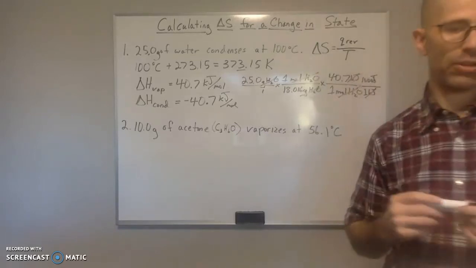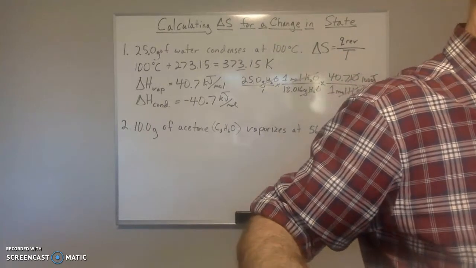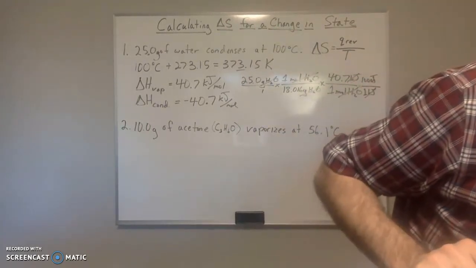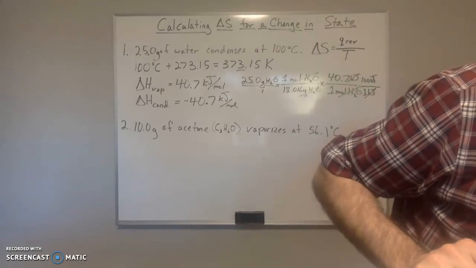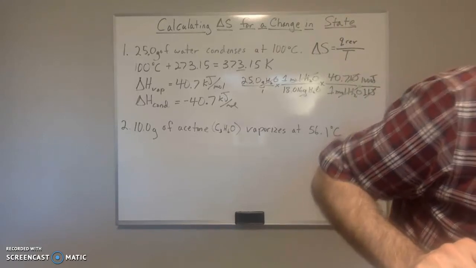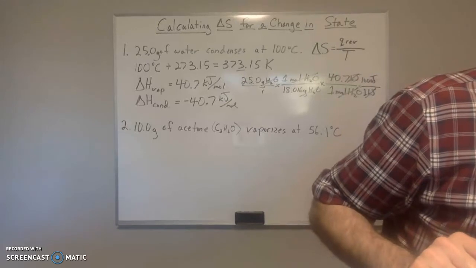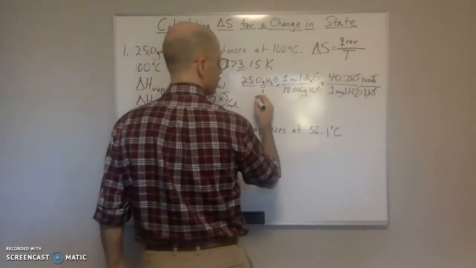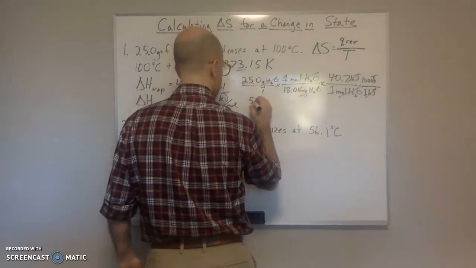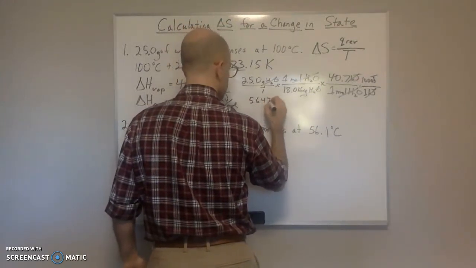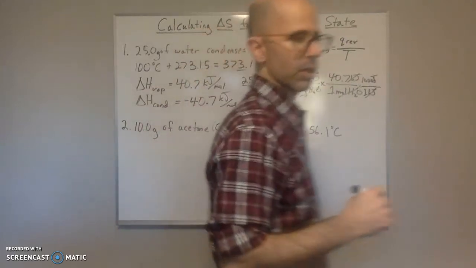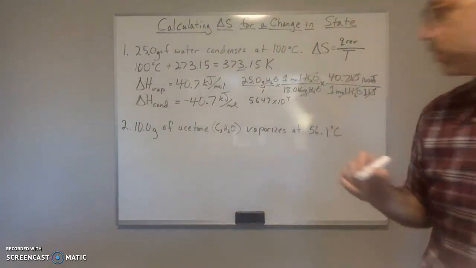Then if we do that calculation we get 5.647 times 10 to the fourth joules.